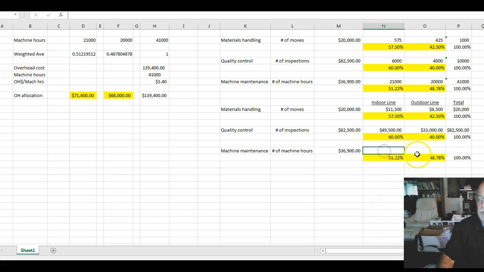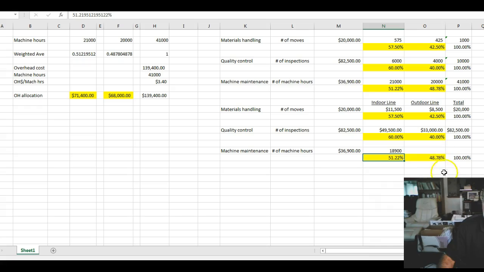And for the last activity cost pool, machine maintenance, using number of machine hours, again we take the total cost to be allocated and we multiply by the percentage of that total based on the number of machine hours that we calculated in number 2, which is 51.22%.